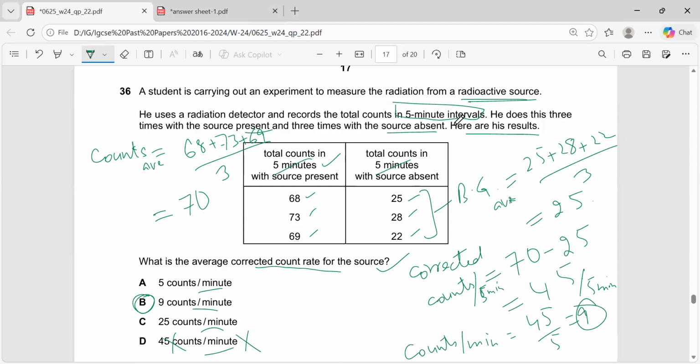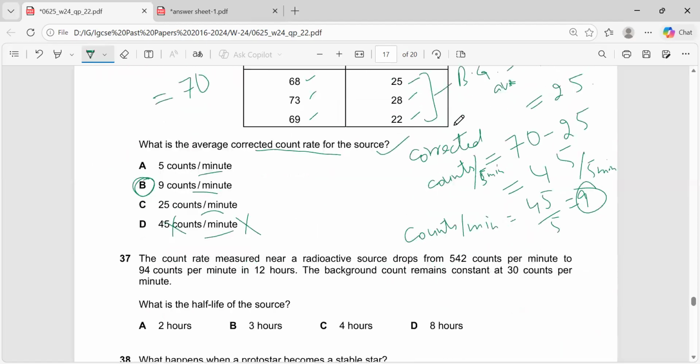And background, which is in the absence of the source, is 25. So corrected counts are 70 minus 25. It is 45 counts, but for every 5 minutes. Answers A, B, C, and D are not per 5 minutes. They are per minute. So 45 divided by 5 will be 9 counts per minute. So that's why the correct answer for 36 is B, not D.